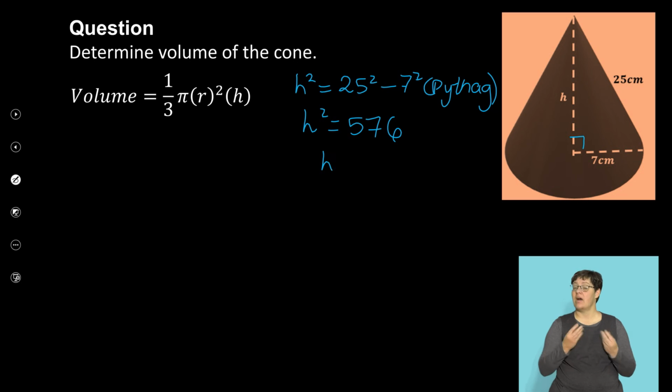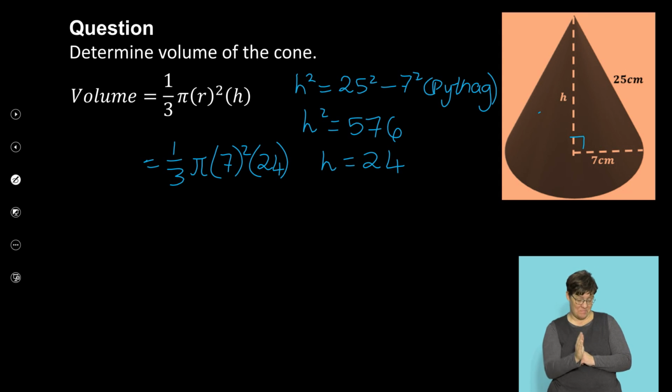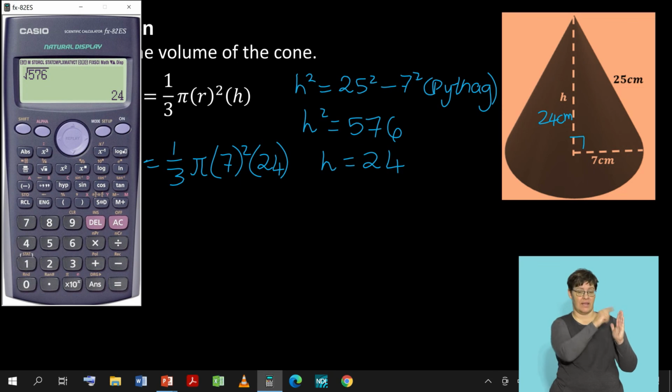So I'm going to have a perpendicular height of 24. So I can now fill in the information for my volume. So I've got a third pi multiplied by my radius squared multiplied by my perpendicular height, which I found using Pythagoras. So we know that this is 24 centimeters. Let us plug this into our calculator.